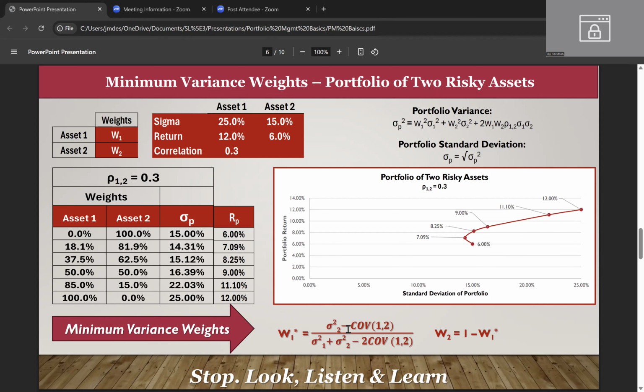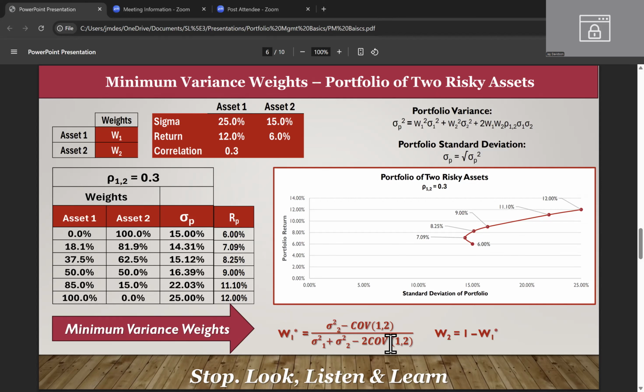But essentially, you're going to take the variance of asset two, subtract from that the covariance of asset one and two, and that's going to be the numerator, and you're going to divide that difference by the sum of the variance of asset one and the variance of asset two, and you're going to subtract from that sum two times the covariance of asset one and asset two.